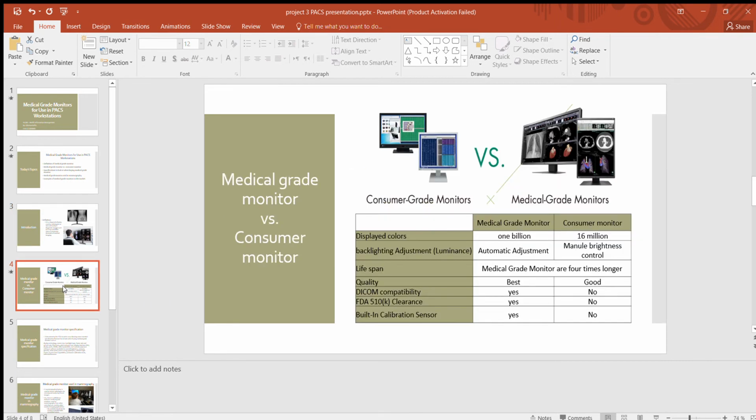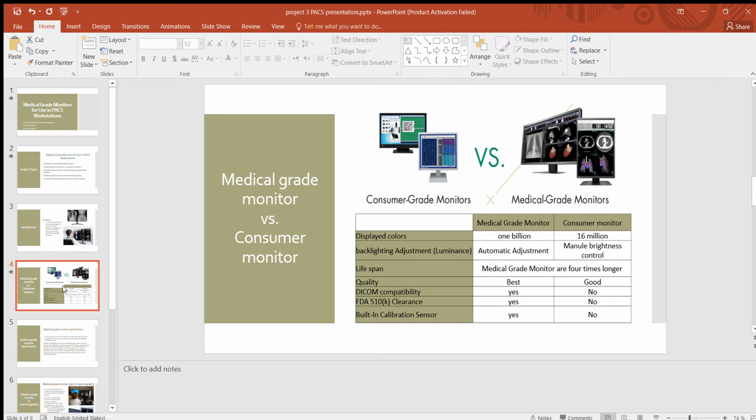So what exactly is the difference between a medical grade monitor and a consumer monitor? If we look at the display colors, in medical grade monitors it's 1 billion compared to the 16 million given by regular consumer monitors.